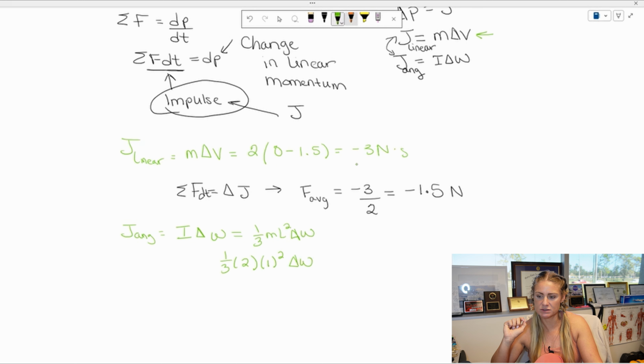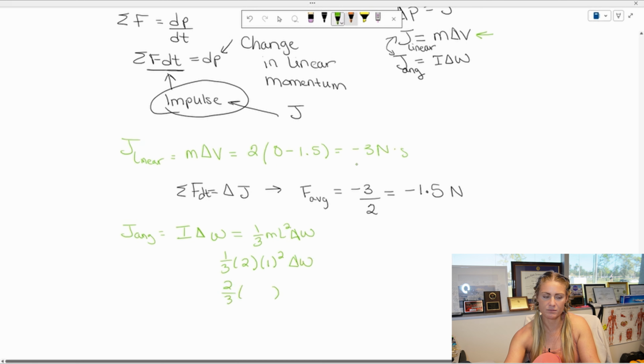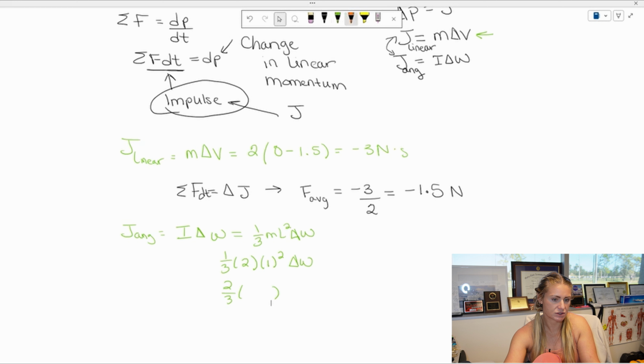So this is just going to be 2/3. My change in omega goes from rest, 0, to 3 radians per second. So this is going to equal -2 Newton meter seconds.